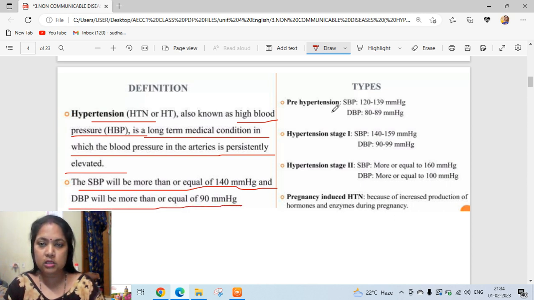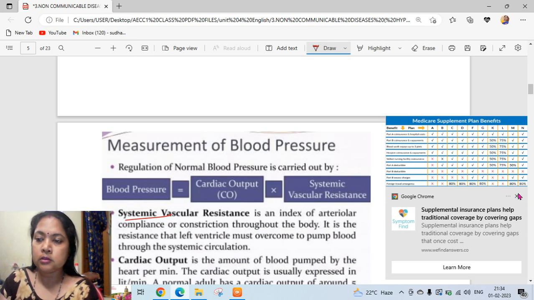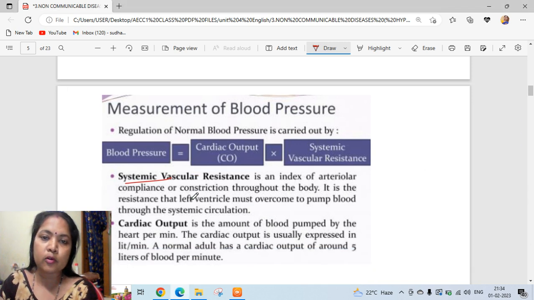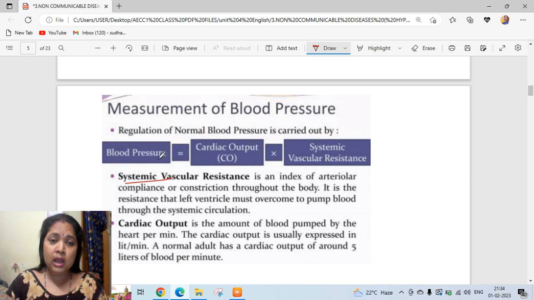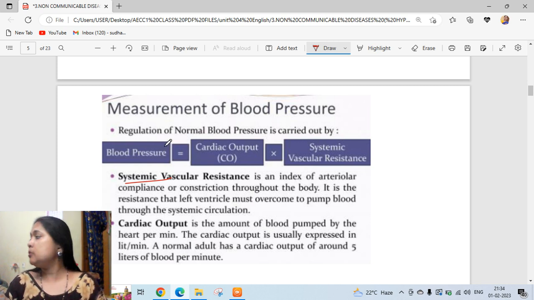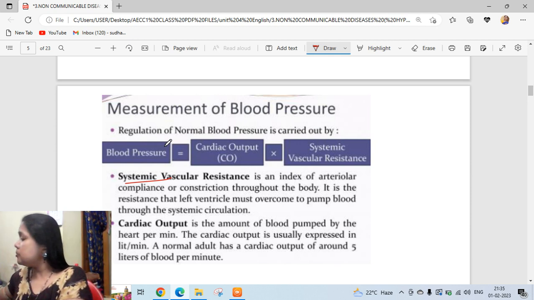Isn't it? So we have already discussed pre-hypertension, hypertension stage 1, hypertension stage 2, okay, and your measurement of blood pressure. How are we able to know that the systolic blood pressure is this much and diastolic is this much? So there is a measurement system, okay.